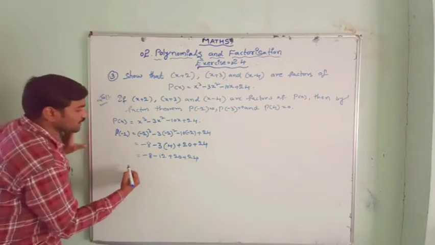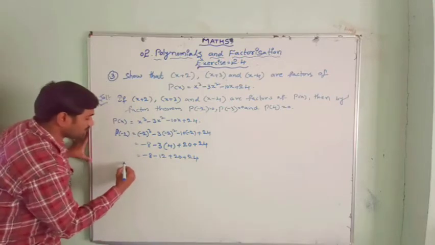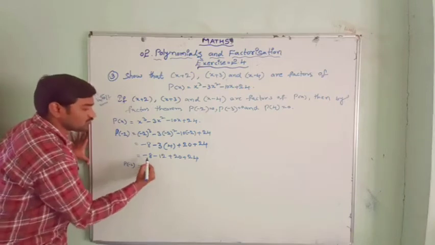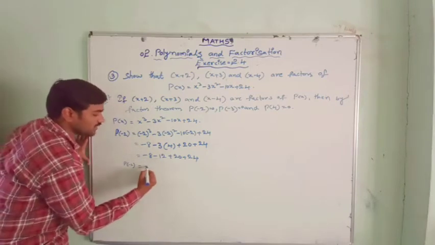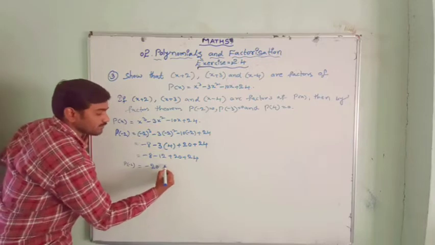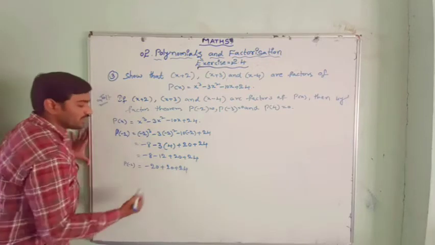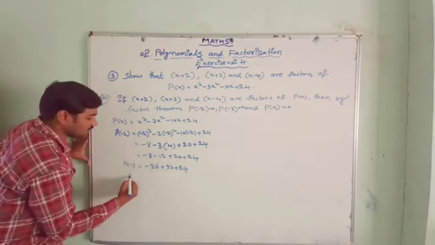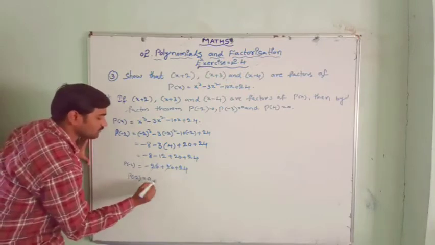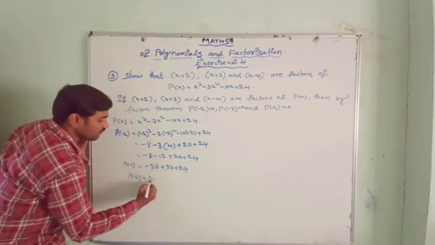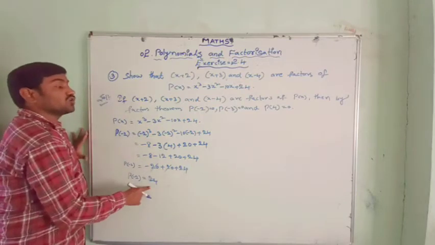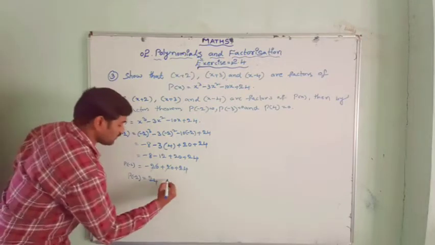Again let us solve it. P of minus 2 is equal to minus 8 minus 12, which is minus 20, plus 20 plus 24. Plus 20 and minus 20 get cancelled. So p of minus 2 equal to what you got? 24. It is not equal to 0.